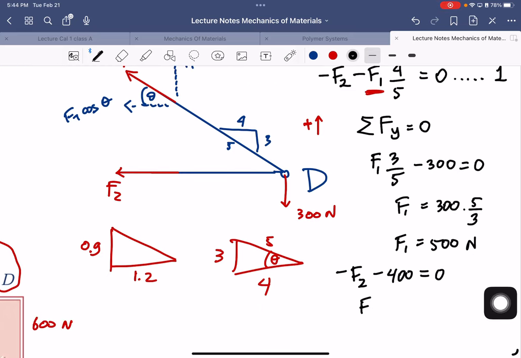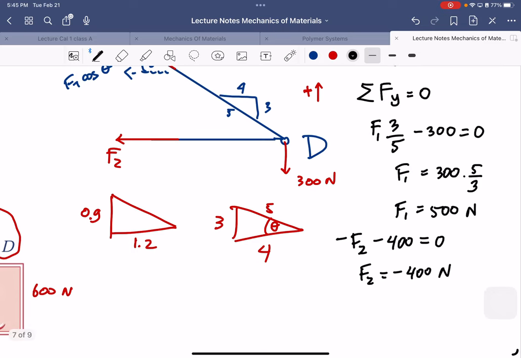So F2 is negative 400 Newton. Or, if you want to eliminate the positive and negative, we could say F2 is 400 Newton, but it's compressive. Okay. And F1 is positive, right?